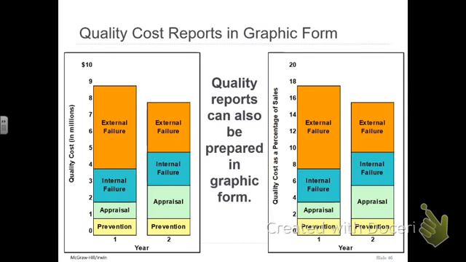And if you put it in a situation like this, where you've got an internal and external failure in graphic forms, for those of us that don't like numbers, it becomes a lot easier. And you can see they spent a little bit more on prevention here, but a lot more on appraisal. And in this case, their internal and external failure costs went down. So sometimes it pays to turn those items into graphic format.